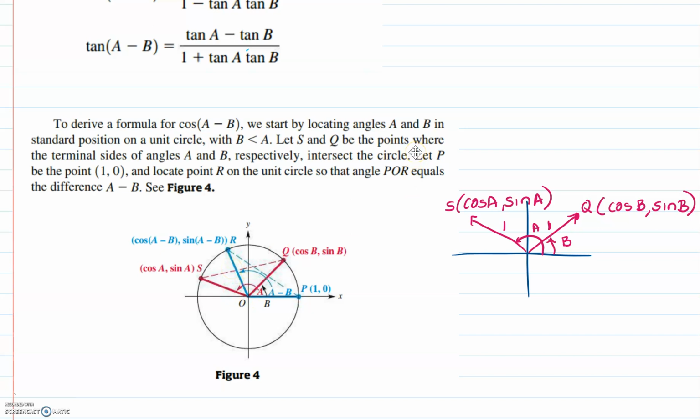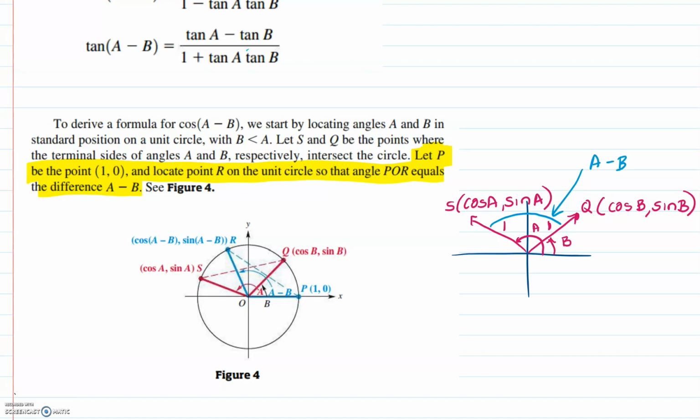It says, let P be the point 1, 0, and locate the point R on the unit circle so that the angle POR, which is the origin, equals the difference A minus B. A minus B is just this angle right here.